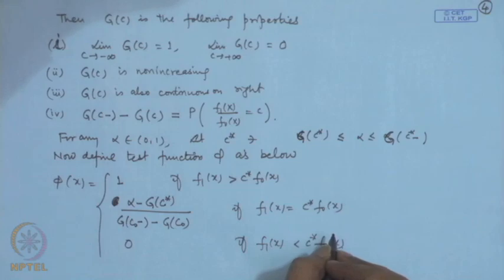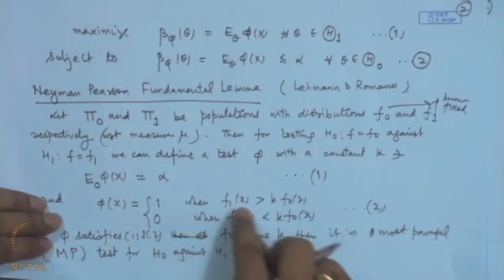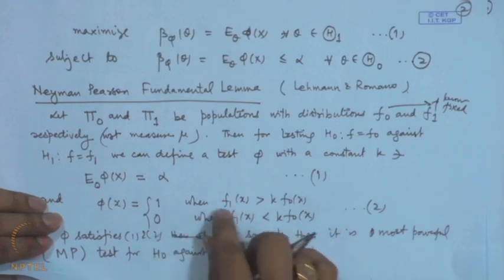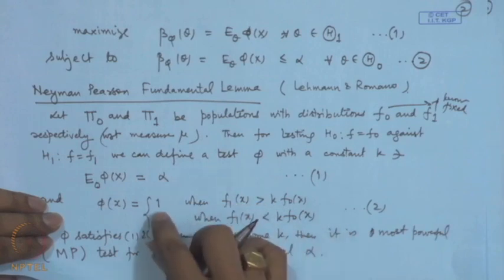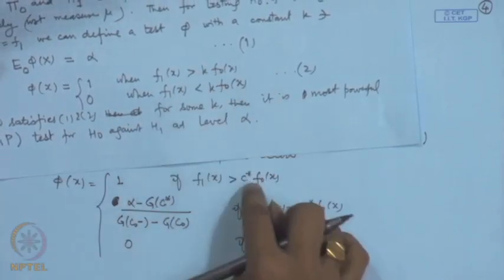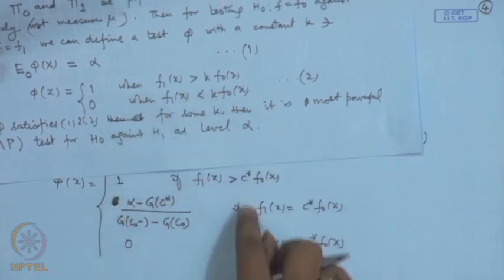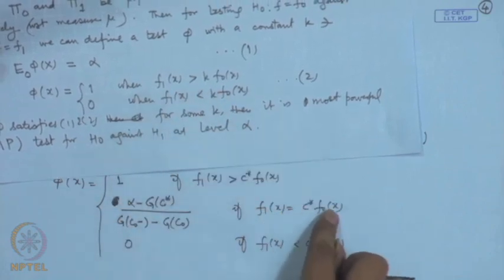So, here you note that in the statement of the lemma, we have taken two parts 1 and 0, and these parts you can see they are matching here. So, this k is equal to c star here. The unspecified portion, that is f 1 is equal to c star f naught x, now we have specified here.